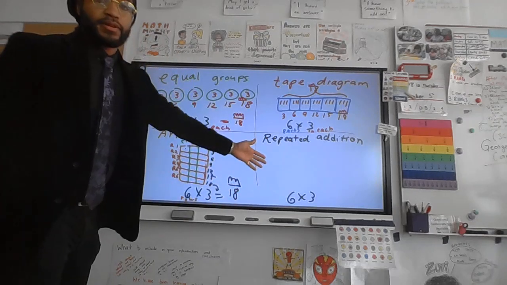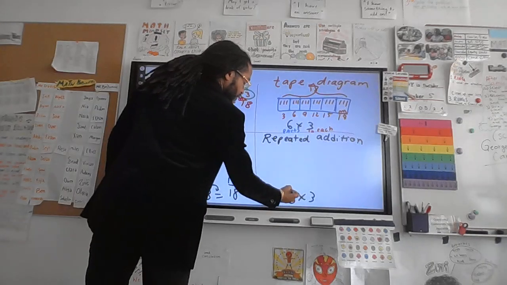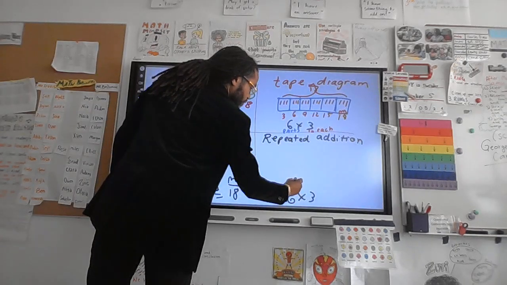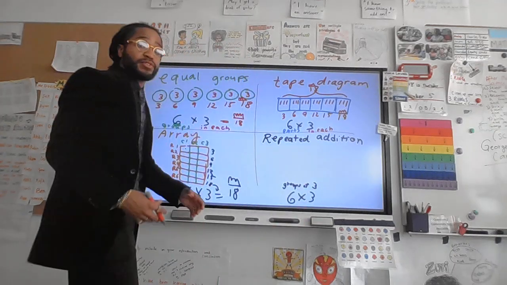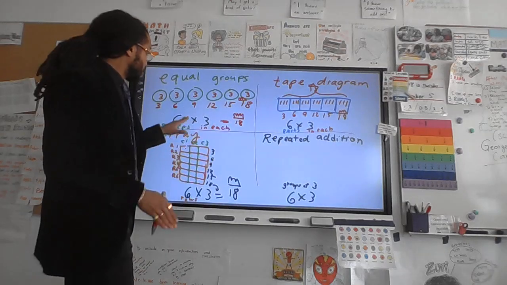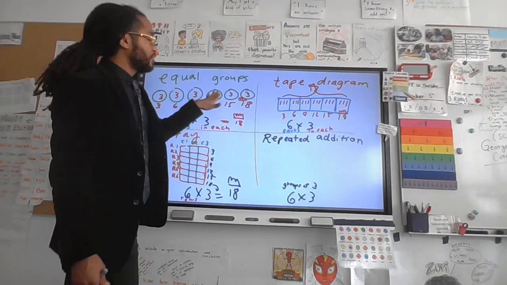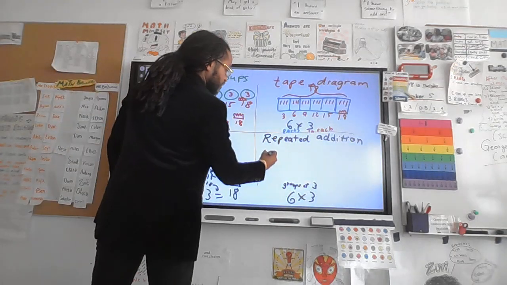And here, for repeated addition, we need to have 6 groups of 3. So that means that we're just adding 3 6 times. That one's a little bit tricky for kids, but once they have it matched up with this, it's much easier. Equal groups or a tape diagram, much easier to get the repeated addition equation.